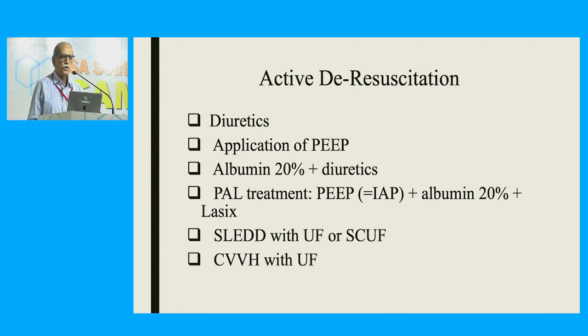Then you can think of an active de-resuscitation using diuretics, applying PEEP to these patients, using a combination of albumin 20% and diuretics, or maybe you can use them all, the PILE treatment, that is the PEEP plus albumin plus Lasix treatment, where you use PEEP equal to the intra-abdominal pressure and albumin 20% and Lasix combined given as an infusion.